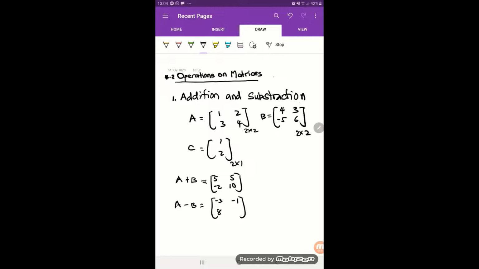The element of matrix A, A22, minus the element of matrix B, A22, that means 4 minus 6, the answer is negative 2. So you can see there the operations of addition and subtraction in order 2 times 2, same order of matrix A and matrix B.